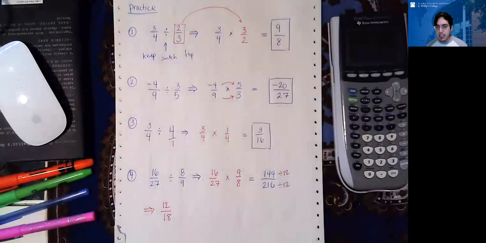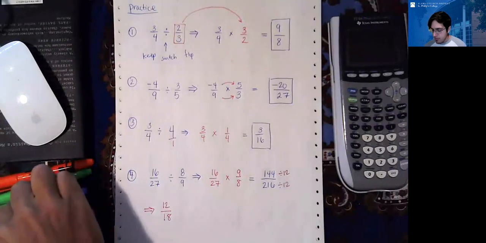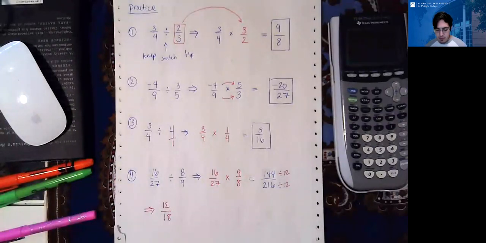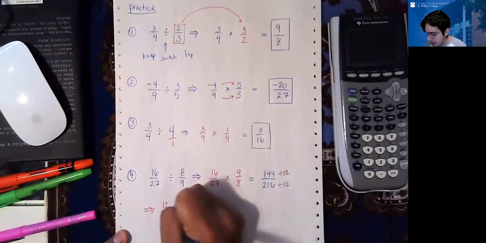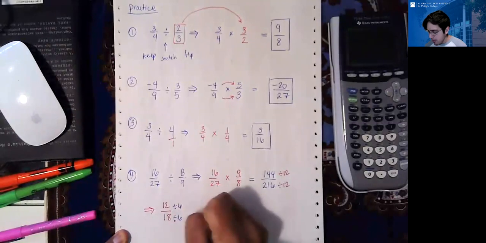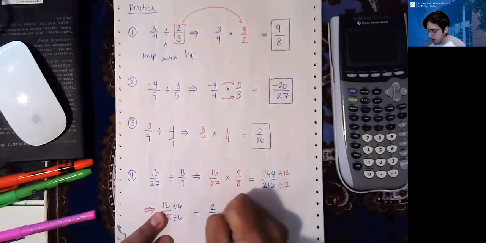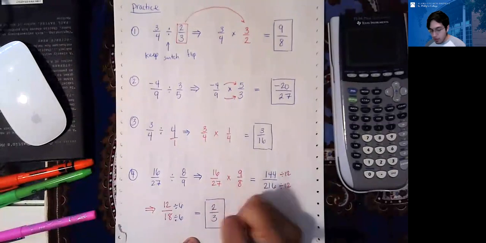Is there a number that divides into 12 and 18 evenly? Well, I know that 2 will work and 3 will work, but there's a larger number still that will work, and it is 6. So I'm going to divide by 6 on the top and the bottom, and that will give me 2 over 3. And now that fraction is fully simplified.